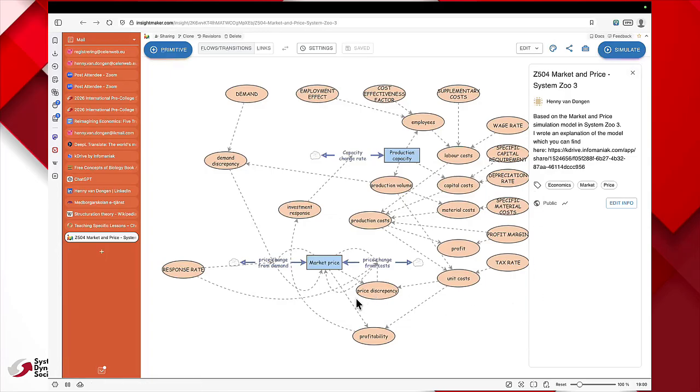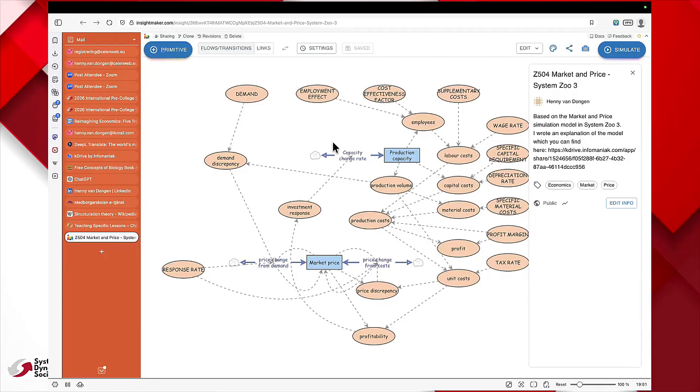So this is kind of interesting. You can see how the price is decided upon from a supplier standpoint. So with all the costs, and there's somewhere also a profit margin or a profit goal in this model.